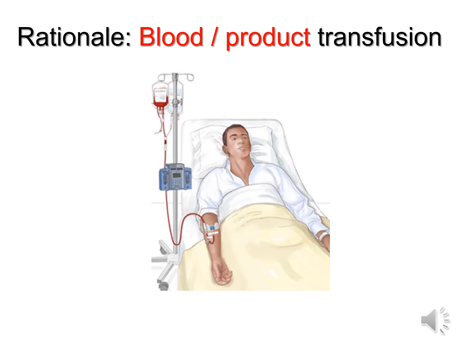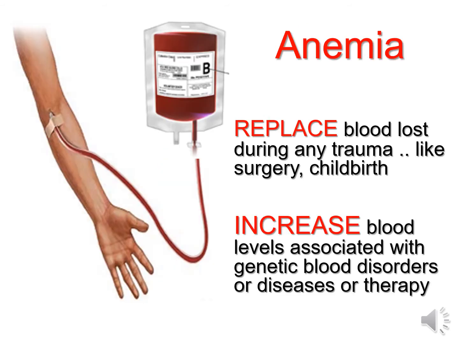So what's the rationale? Why do we want to give blood or a blood product in a transfusion? First of all, anemia, to replace blood lost during any trauma like surgery or childbirth.